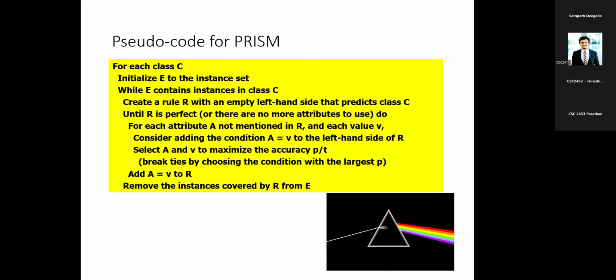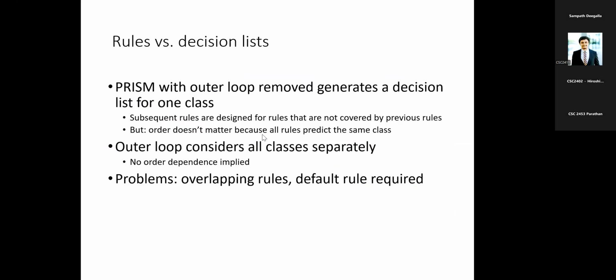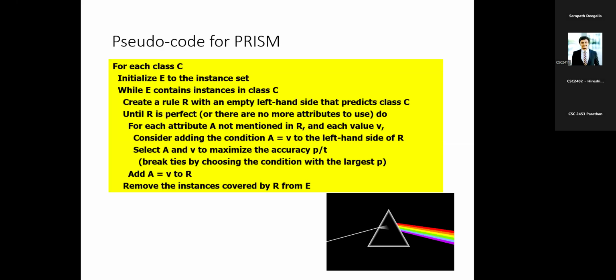So you select which attribute value combination gives you the best P divided by T, and then put it in the rule, right? Once we finish with the rule, you remove all the instances covered by this rule, and then you go to the next one, right? So that's what happened. And this is called PRISM.